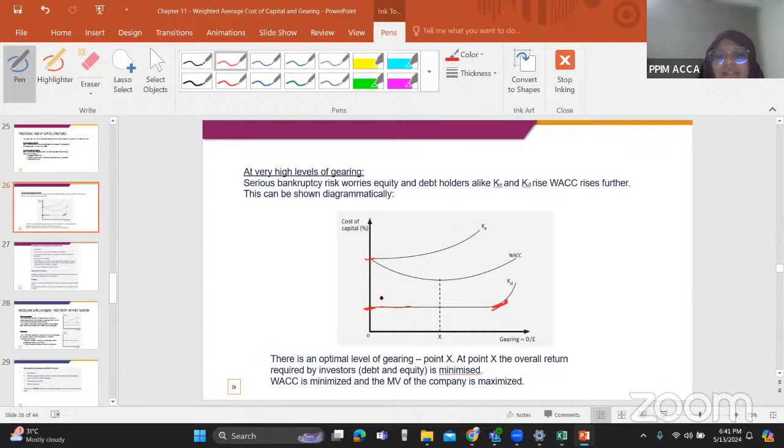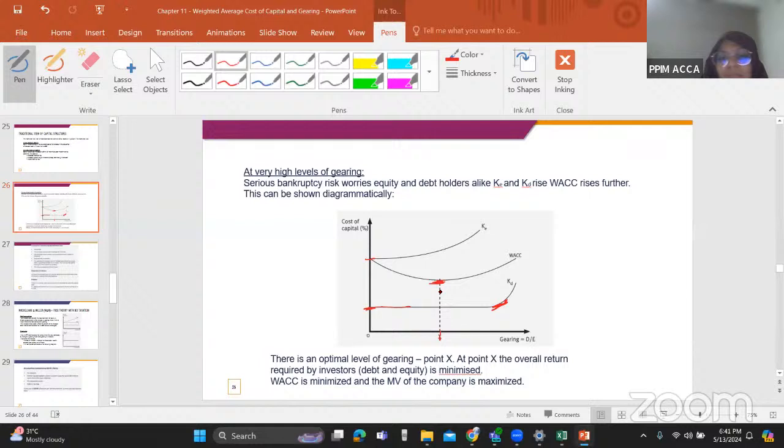Okay, so then when we put them both together, the cost of debt and the cost of equity, we get a line called the weighted average cost of capital. What we can see is at a particular point of gearing, maybe 50% or 60% gearing, the weighted average cost of capital is at the minimum.